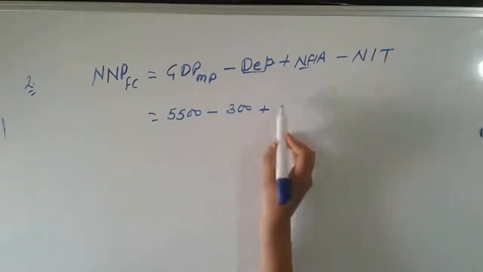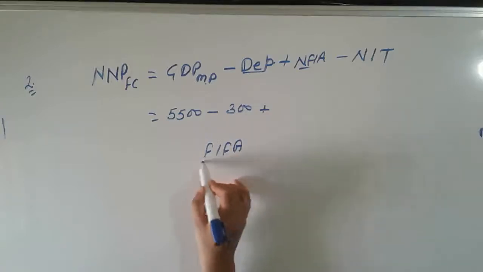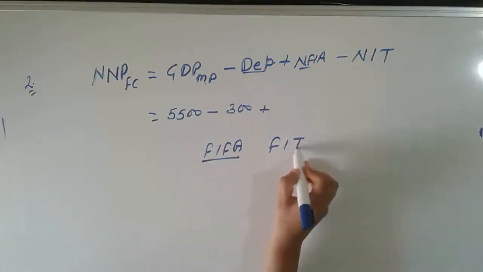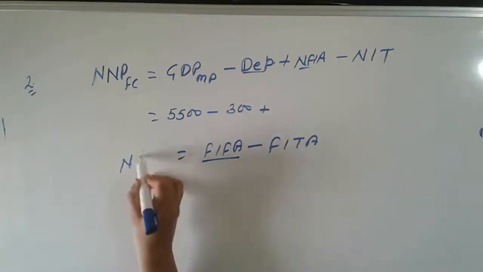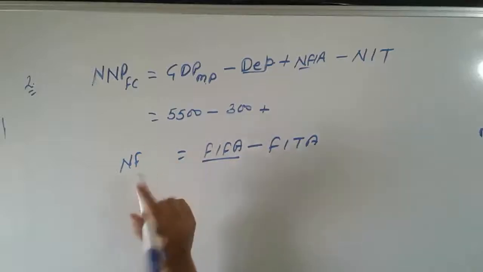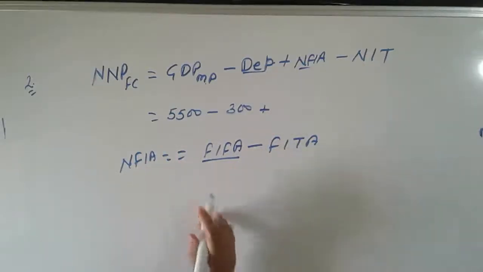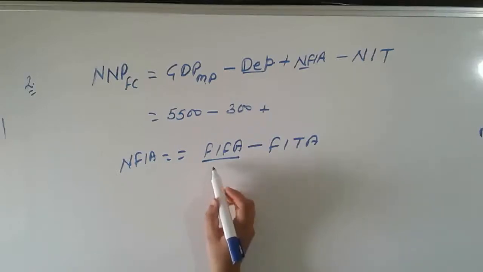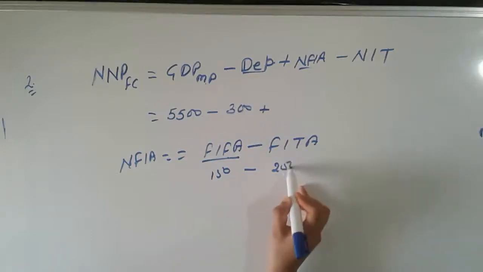This is not given directly, but we are given factor income from abroad, which is FIFA, and factor income to abroad, which is FITA. We know that the formula to calculate NFIA is FIFA minus FITA. Now in the question, factor income from abroad is 150 and factor income to abroad is 220.